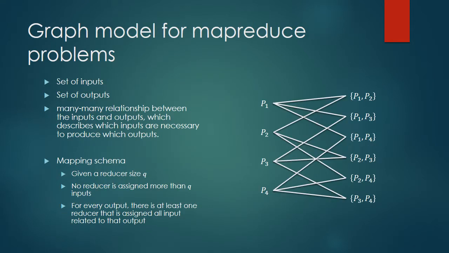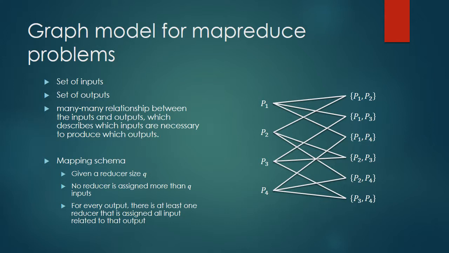Look at the graph model here, right? These are the inputs, these are the outputs, correct? Qi is the number of inputs at each of the reducers, correct? So when I sum over all of these, that is the total amount of data exchanged between all the inputs and all the outputs.